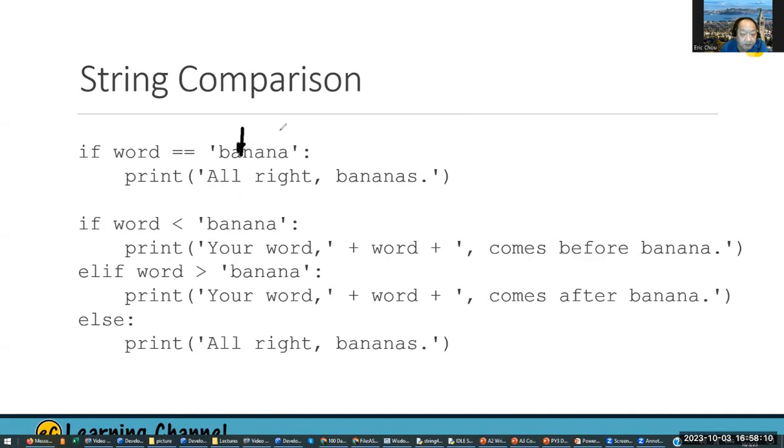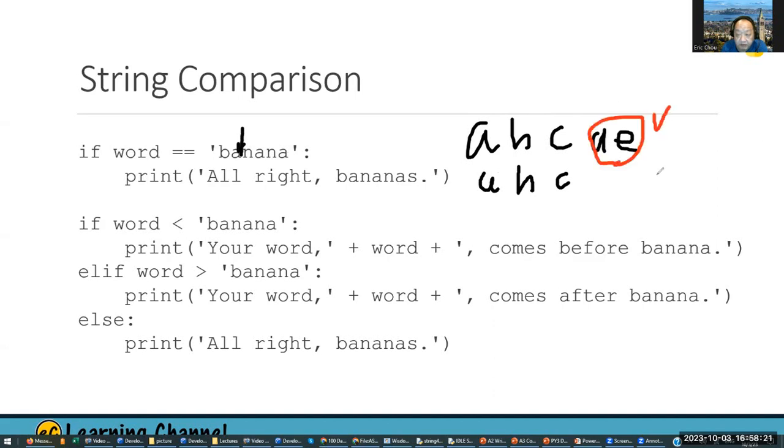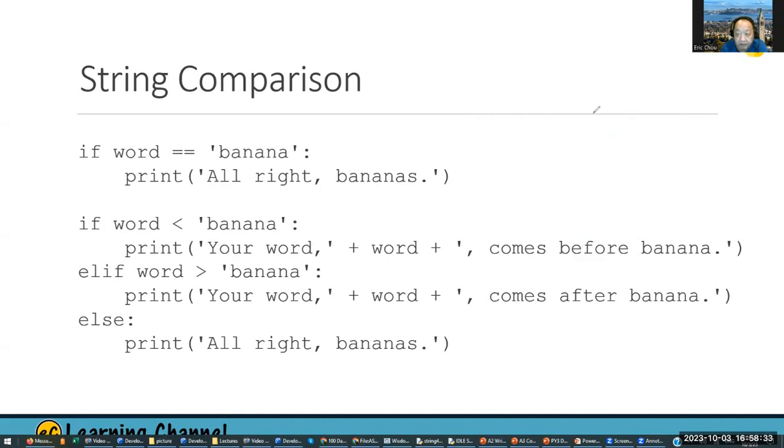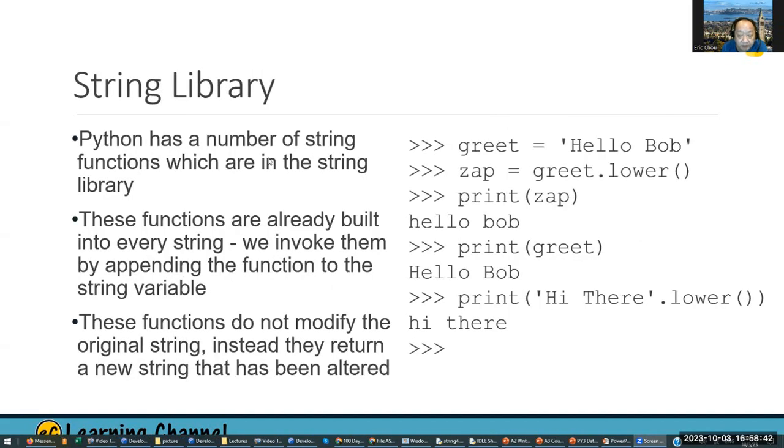If the second one is still the same, keep going until there is a tiebreaker. If you tie on every letter, then the longer one wins. But if you compare abc to abc, then they will be equal. So these are string comparisons.